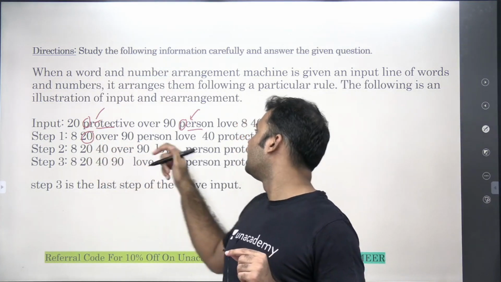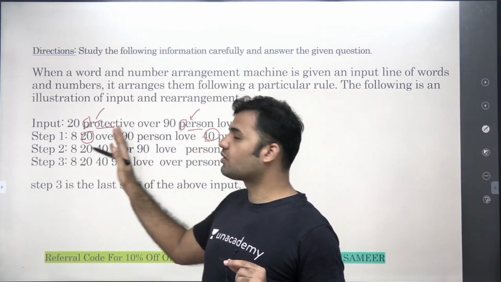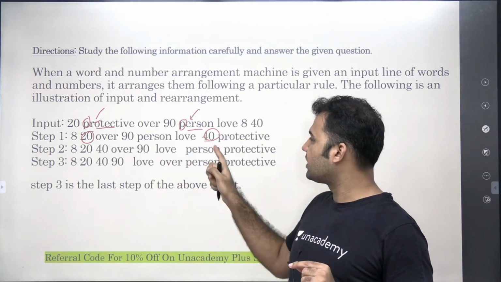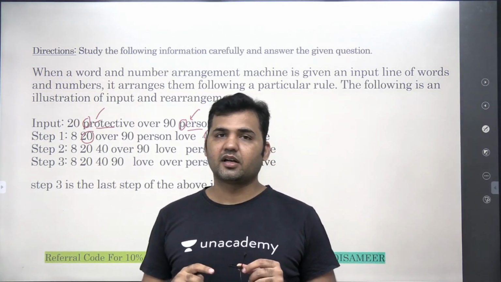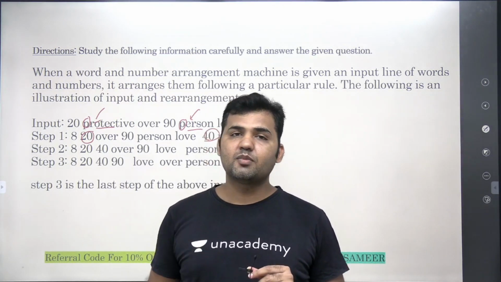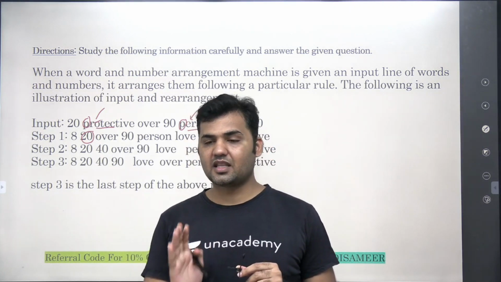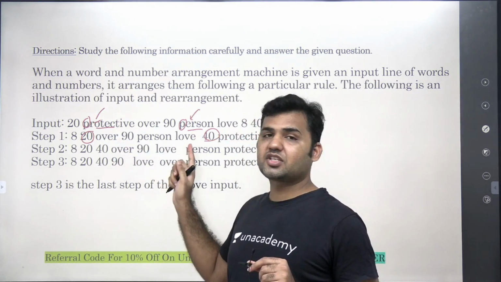Instead of 20, the next largest element, that is 40, has been taken on the left hand side, and the word person has been taken on the right hand side. So again, in step 2, only 2 elements are moving, right? The element which is automatically filling itself, it's its own position. We are not moving that element, that will be placed at its own position. But the next largest element is 40.